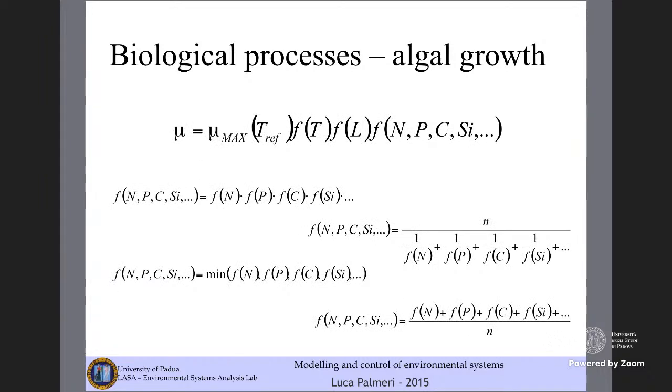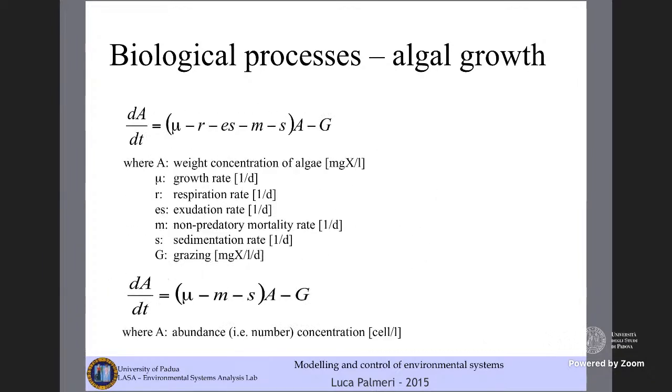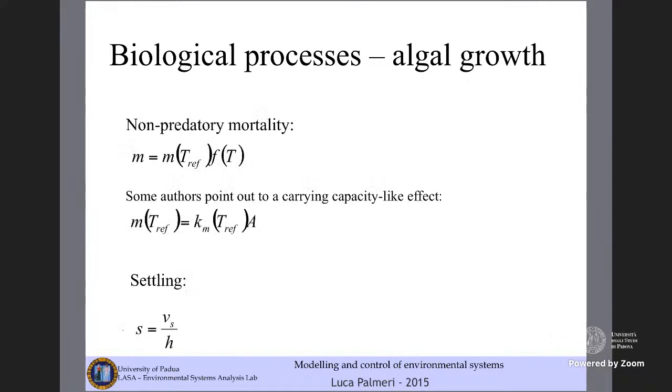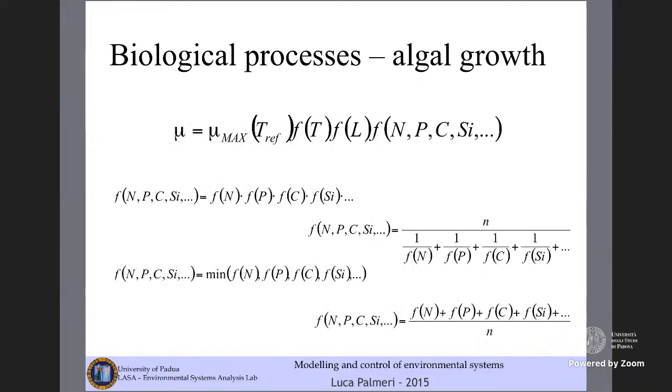Then we shall explicitate the first term, the growth rate term mu. In this term, we include or we hide all the complications or all our understanding of the biological processes involved, and in doing this, we simply redefine mu as a function of mu max, so the maximum value of growth rate at a reference temperature.